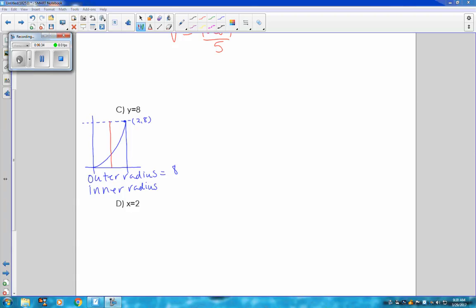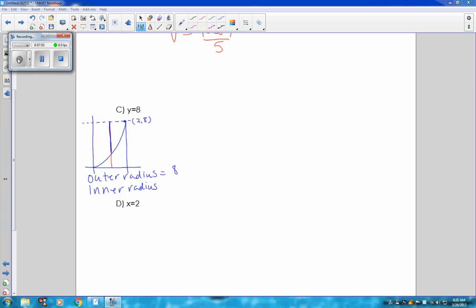But you're revolving it around that line. You're going around this line right here. So you've got all of this. All of that is 8. What do I not want? This part is your inner radius. You see that?